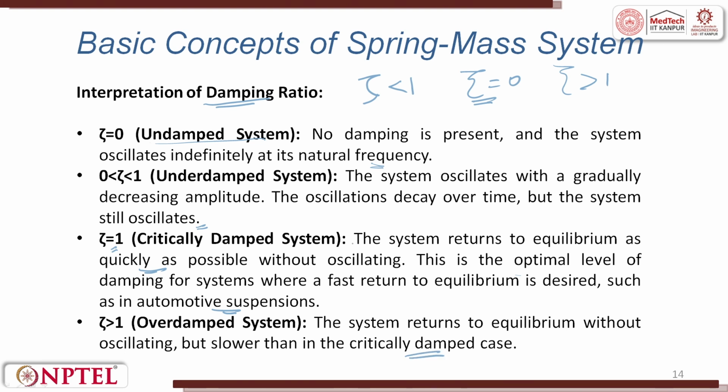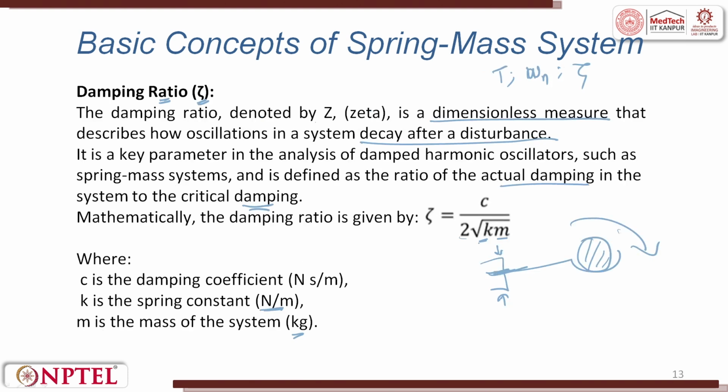In both cases, when you go back to zeta, you see spring stiffness and mass. So, you had a spring, then you had a mass, right. So, this has to be damped. This is spring K, this is mass M, and this is mounted.